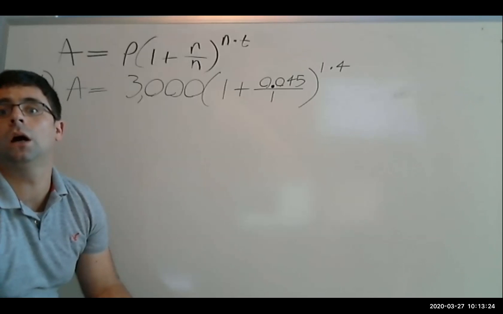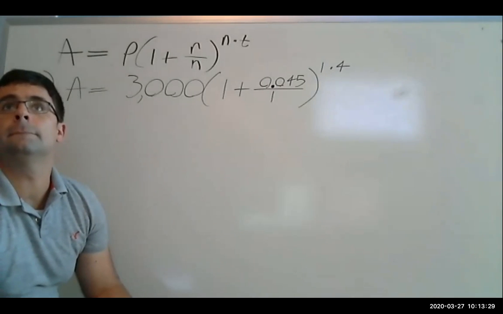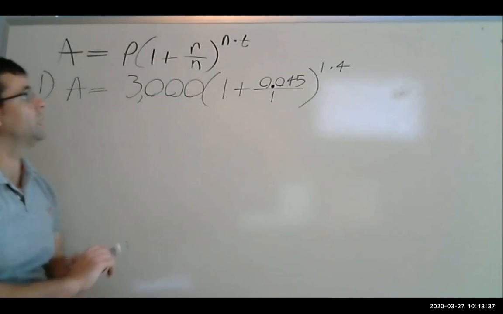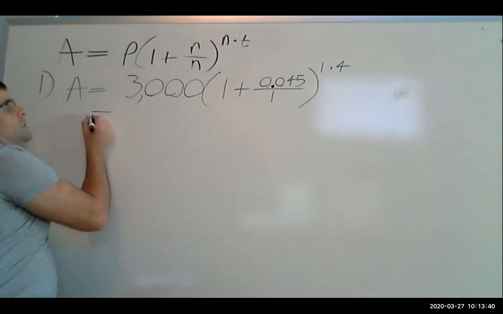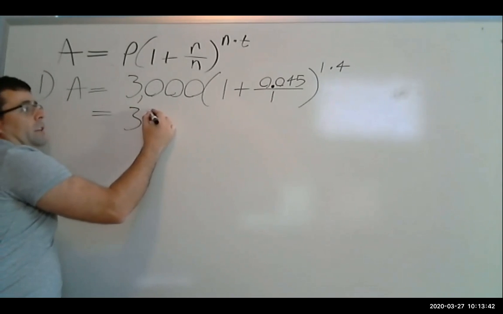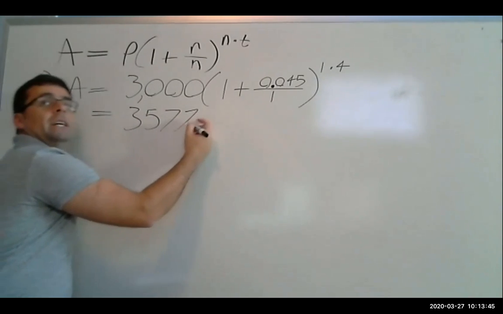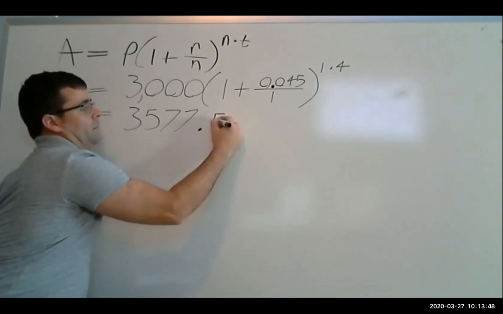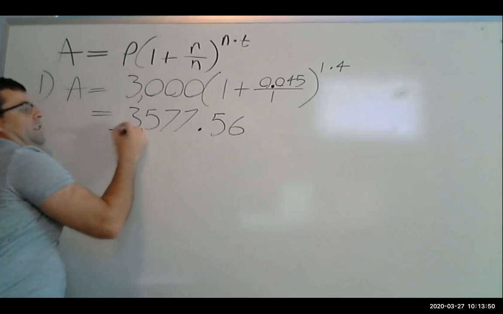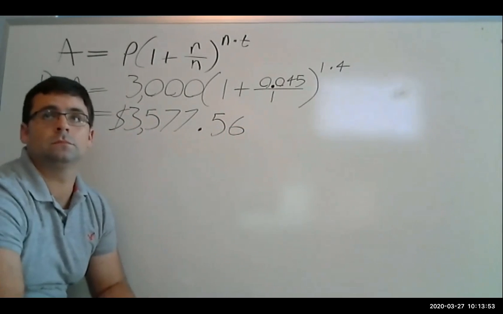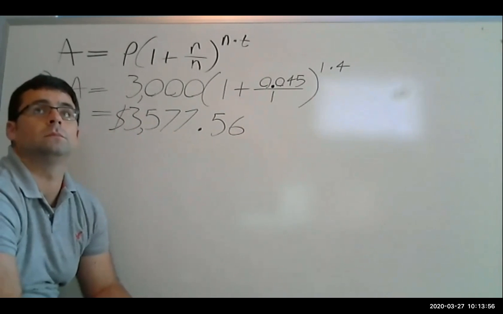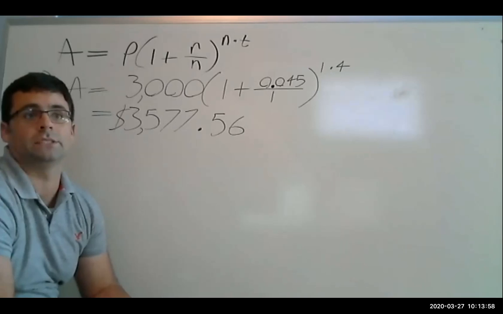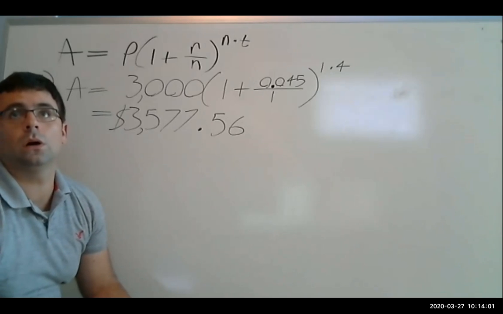So when we plug all this in, we get 3,577.56. Okay, fairly straightforward. Nothing too crazy.